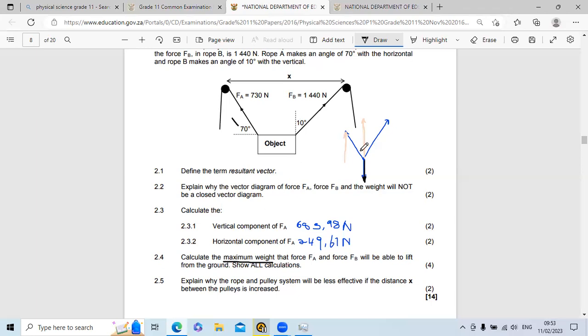So first thing we must do, since we have the vertical component of A, is get the vertical component of B. If you look at B, you draw your triangle, and this is the adjacent side, and your vertical component is on the adjacent side, and your hypotenuse is 1440.